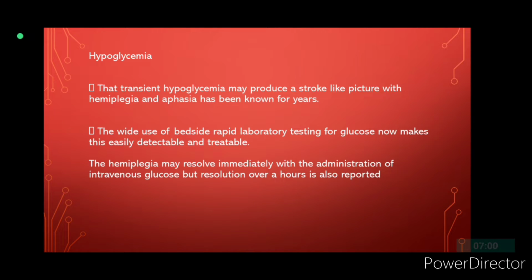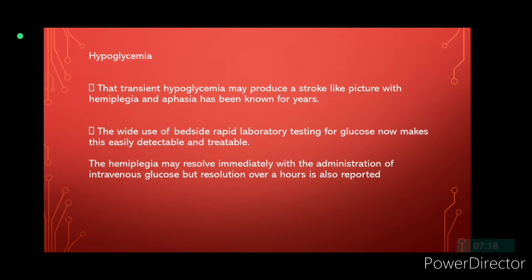Hypoglycemia. First point, that transient hypoglycemia may produce a stroke-like picture with hemiplegia and aphasia has been known for years.